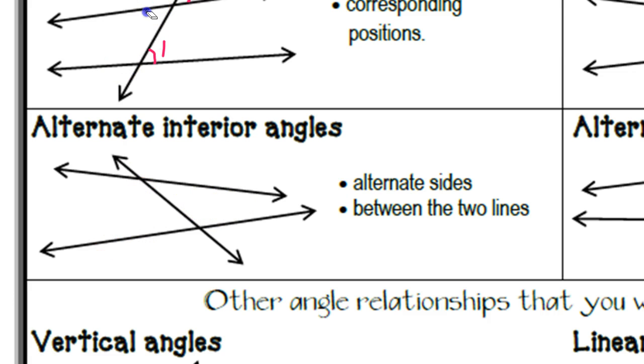Alternate means on opposite sides of the transversal. So for example, this angle right here and this angle right here, these are alternate interior angles. And I could do it on the other side too. This angle and this angle, these are also alternate interior angles. Eventually you'll need to memorize these.